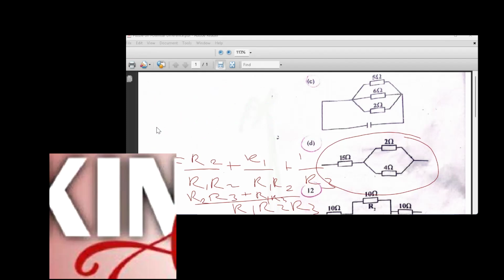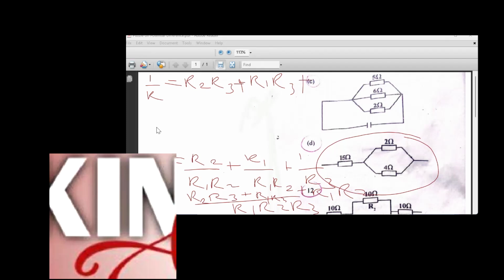And now you have your new equation: 1 all over R equal to R2, R3 plus R1, R3. Then you have plus R3 into R1, R2, R3 is R1, R2 times 1 will be this.